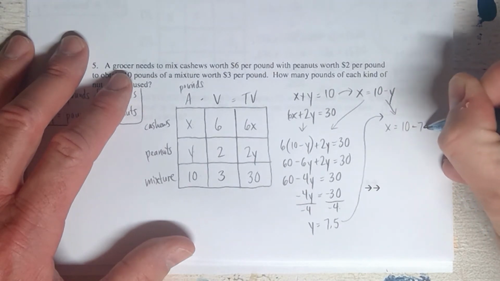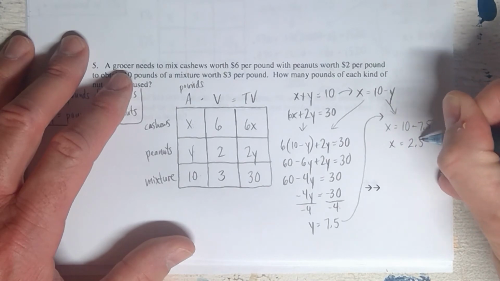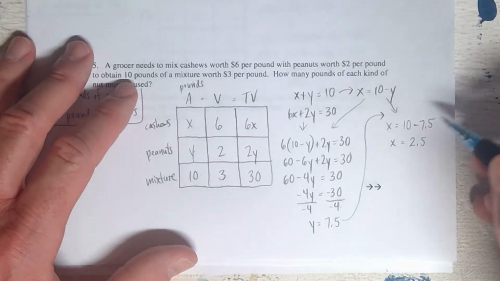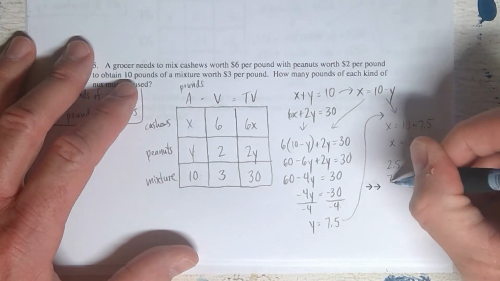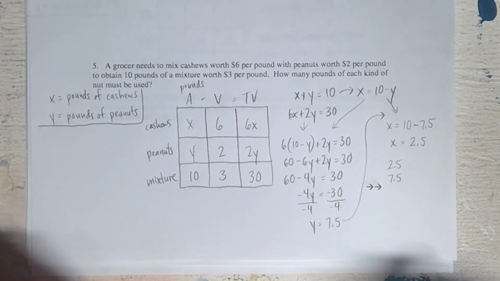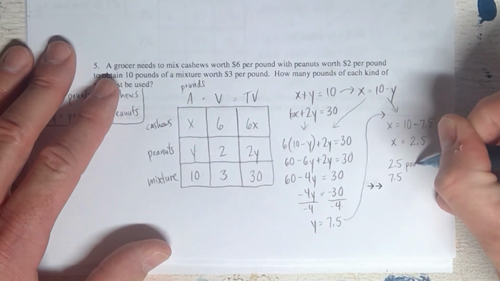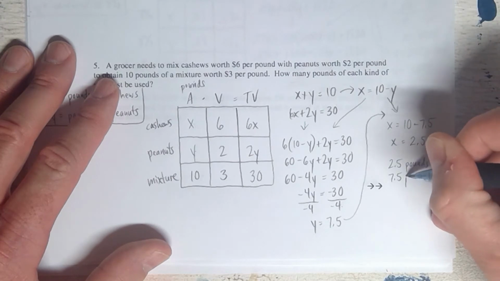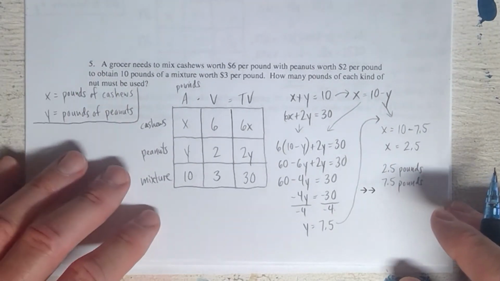I then plug in the 7.5 into that equation that we normally plug it into, figure out x, and I've got 2.5. So my two answers are 7.5 and 2.5 what? Again, since x and y were measured in pounds, I put that there, and then tell me which one is which. Again, you don't need a lot of specifics on that.